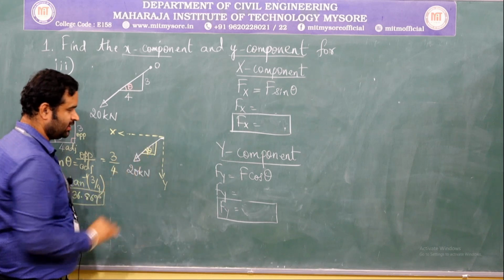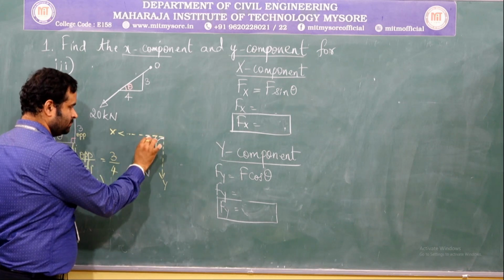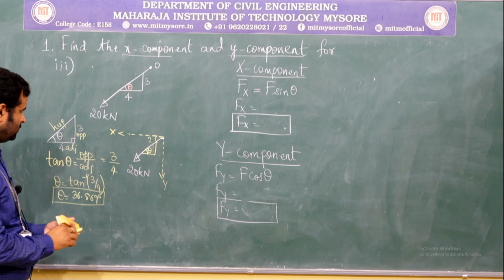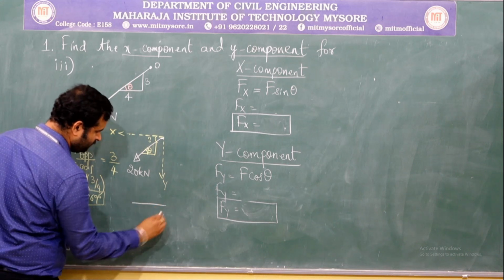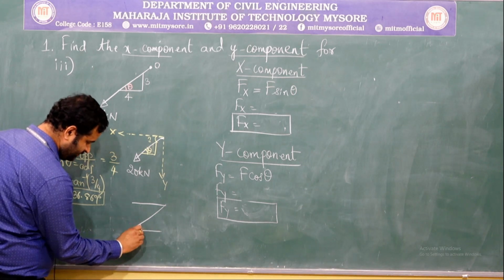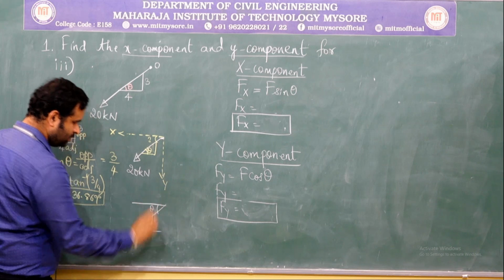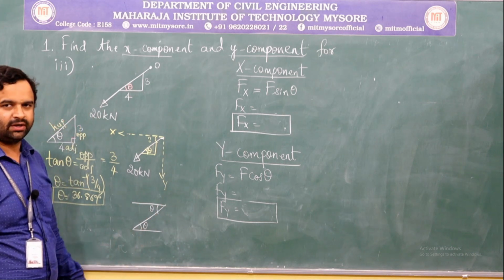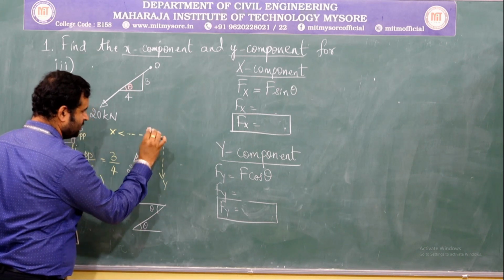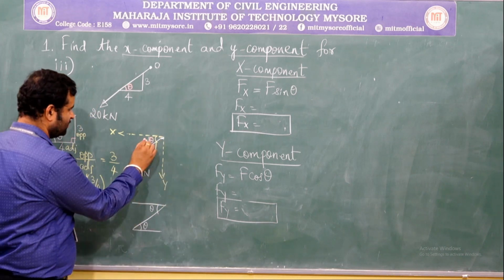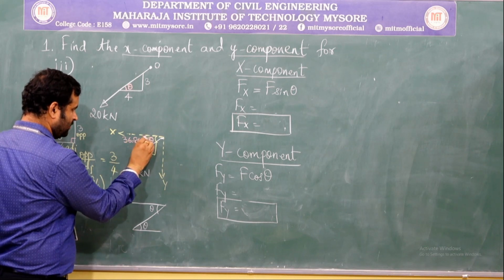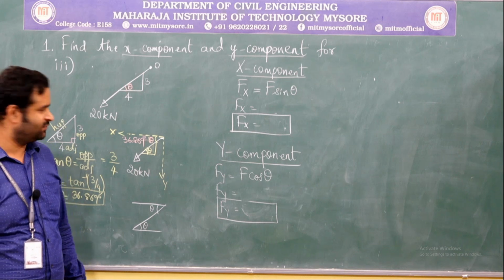If this is theta, what about this? Now we have a problem of this kind. Here, if this is theta, this will also be equal to theta. This function you already know. On that basis, I can write this is also equal to theta, which is equal to 36.869 degrees. This is the value of theta.